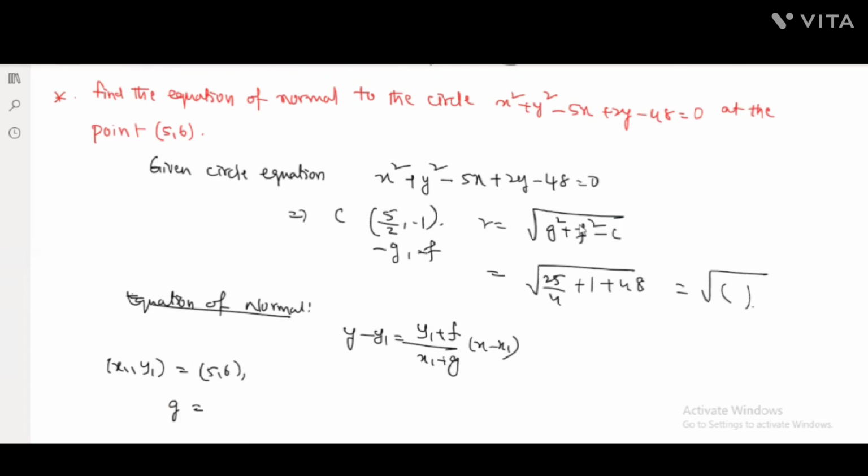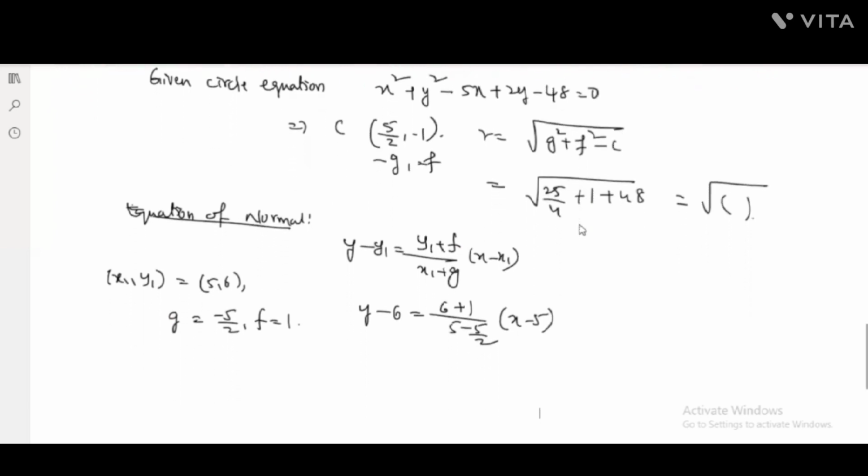So from here g is equal to minus 5 by 2, f is equal to plus 1 we will get. So substitute here. So y minus 6 is equal to, here y1 plus f, right? So 6 plus 1 by 5 minus 5 by 2 into x minus 5.